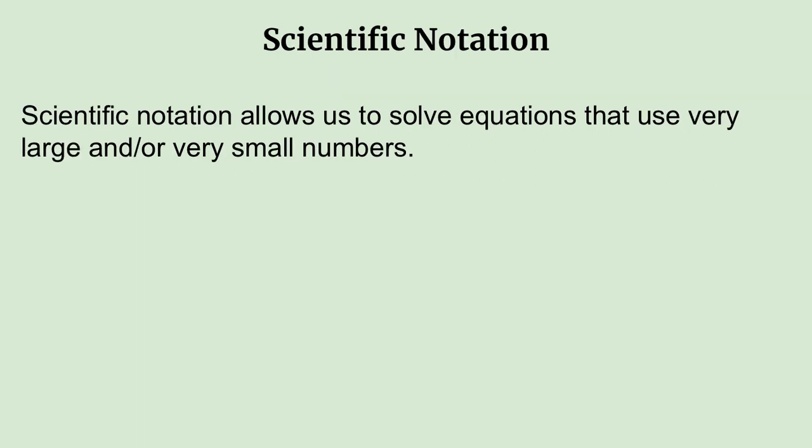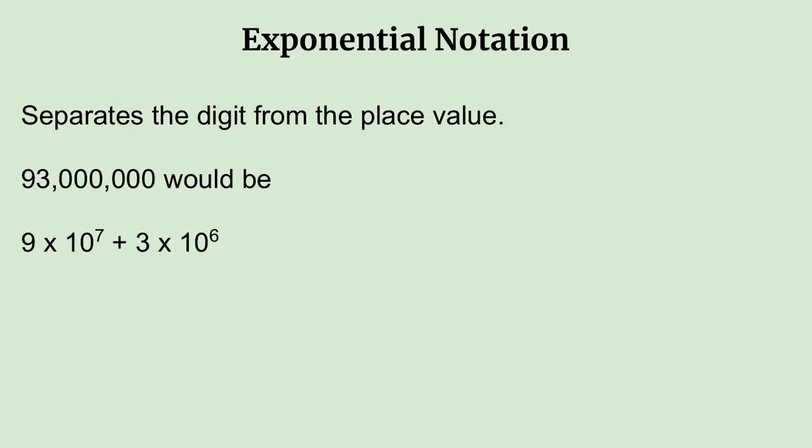Then we have scientific notation, which helps us do problems with very large or very small numbers without having to write out every single part. So exponential notation, working into scientific notation, helps us separate the digit from the place value.